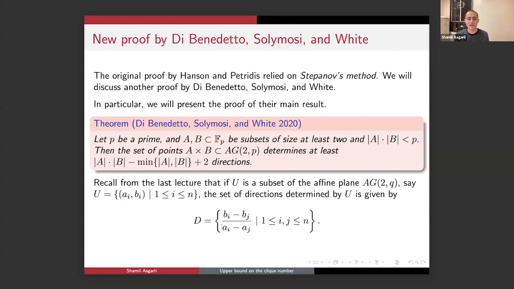And these slopes are (b_i minus b_j) divided by (a_i minus a_j), where i and j range between 1 and n. So that's an object that you can associate to any set of points, and that set D is called the set of directions determined by the set U.